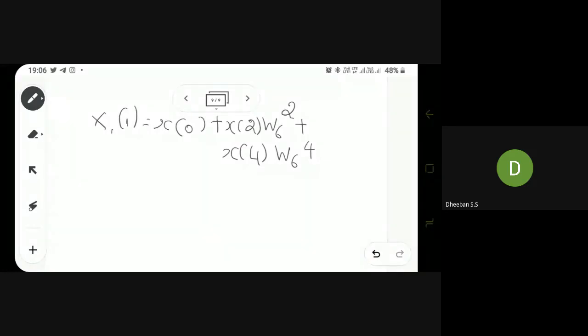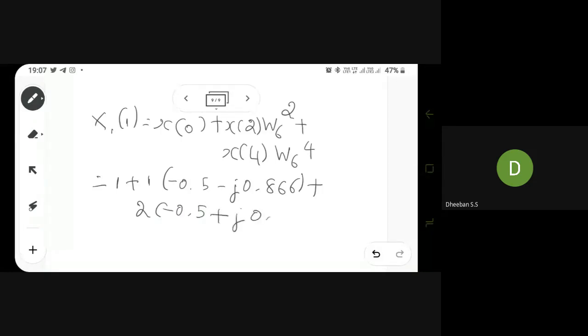So now this becomes x of 0 value is 1, plus 1 into minus 0.5 minus j into 0.866, plus 2 into minus 0.5, plus j into 0.866. So this becomes minus 0.5 plus j into 0.866. Okay, this is x1 of 1.